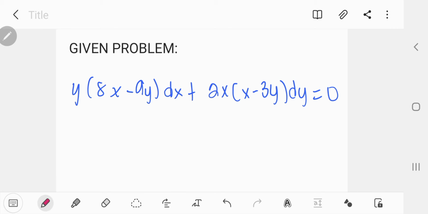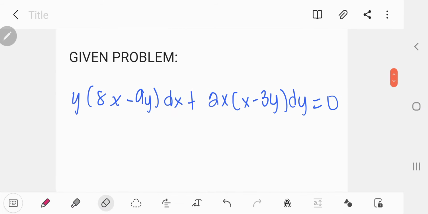Our given problem is y times (8x minus 9y) dx plus 2x times (x minus 3y) dy is equal to 0. Now let us simplify it. We distribute y and 2x.